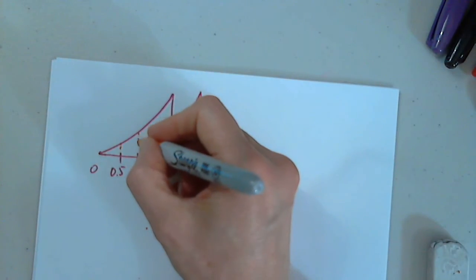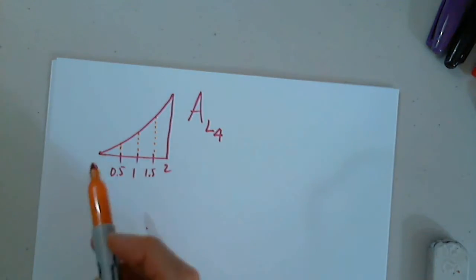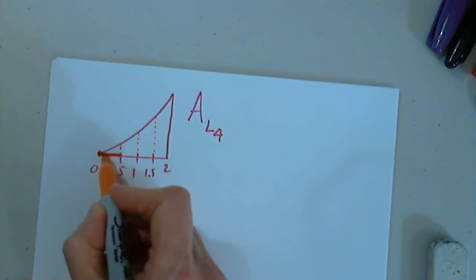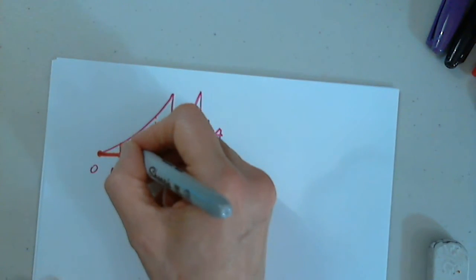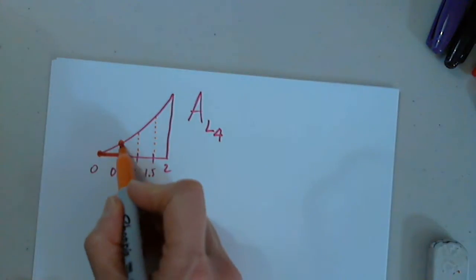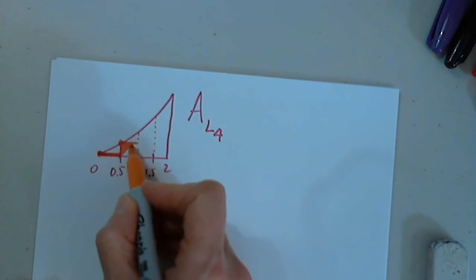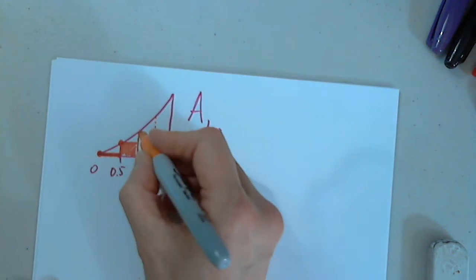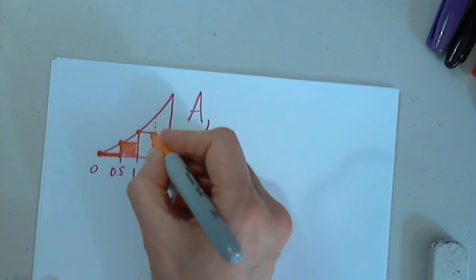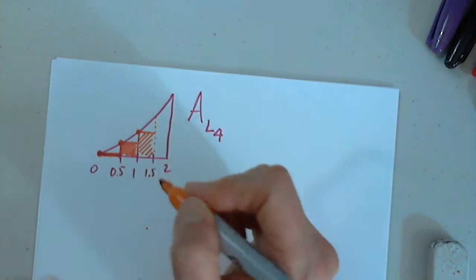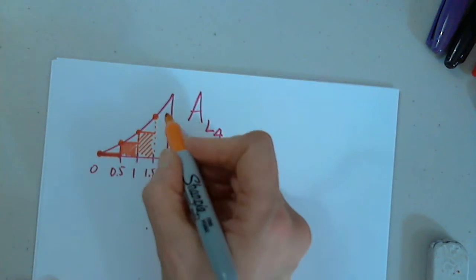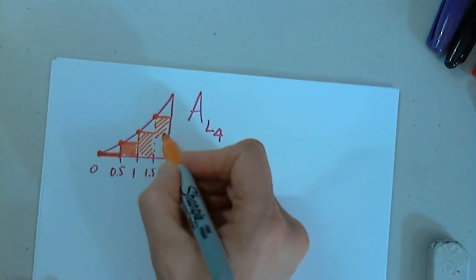So the height at the leftmost point is 0. So here I have no area. The height at the leftmost point is here. So now this is the first rectangle. Here is the leftmost point for the next subinterval. So now this is the area. And the last one, here is the height for the leftmost point for the last subinterval, and I have this.